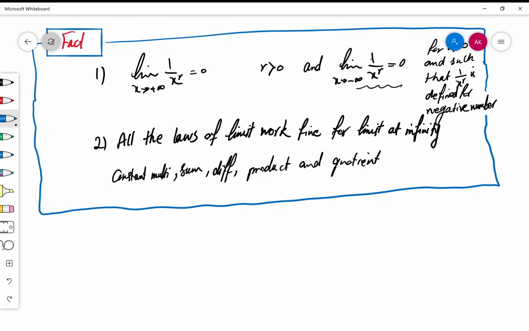Let me do two examples to cover the cases you see here. Example, or applications of the facts mentioned above. Find the limits.